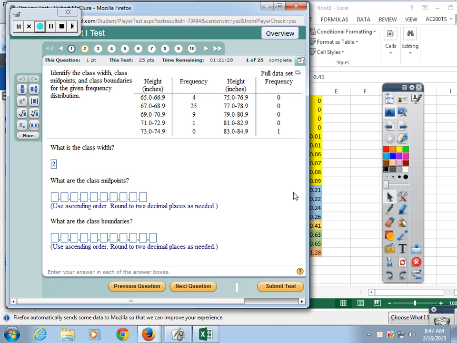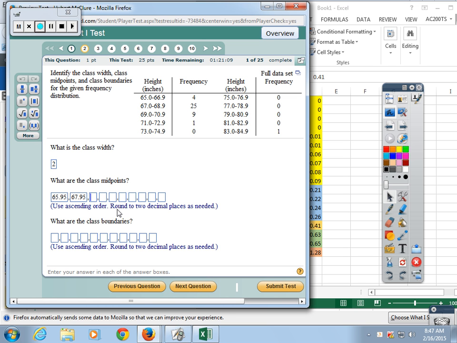Okay, then what does it come out to be when you actually do it? The math. 65.95. Now what do we add? Do we calculate each one, or do we just add the class width? So that'd be 67.95.